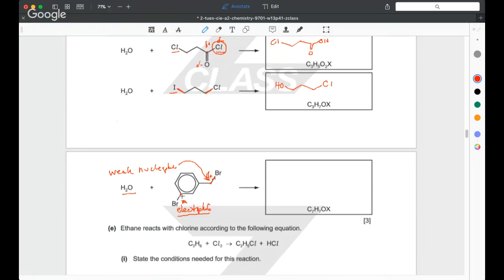Nothing's going to happen here, because we need an electrophile to be attracted to the ring system in that arene there. So you end up with something like this. Excuse my drawing. And you've got that reacting and that one not reacting.